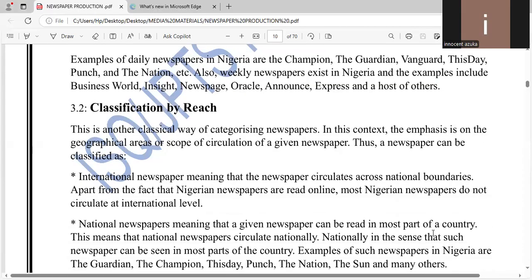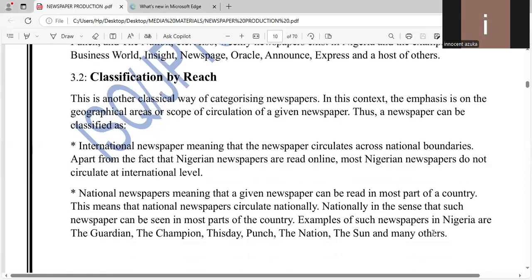Thus, a newspaper can be classified as an international newspaper, meaning that the newspaper circulates across national boundaries.